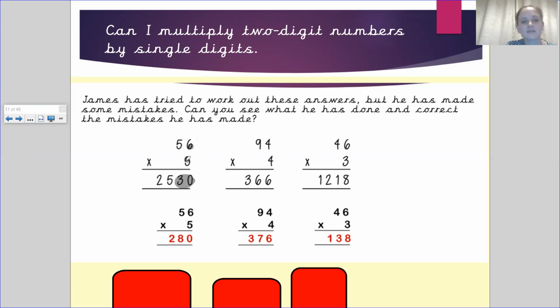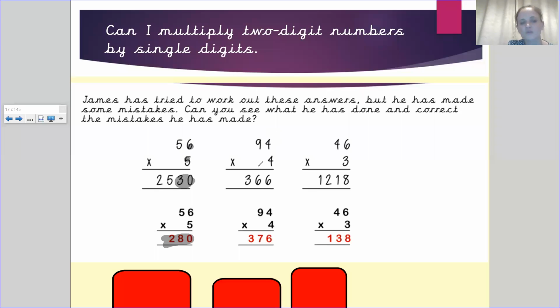And then he said 5 times 50, and instead of saying 5 times 50 is 250, he said it was 2,500. It should have been 250, and then he would have added 250 to the 30 and got 280.